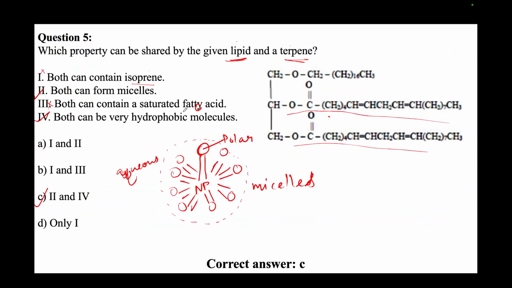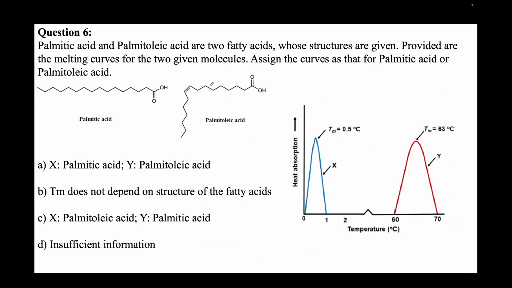Okay, so question number 6. Palmitic acid and palmitoleic acid are two fatty acids whose structures are given, provided are the melting curves for the two given molecules. So we have the palmitic acid structure here and the palmitoleic acid structure here, and the melting curves are provided. This is one melting curve, this is the second melting curve.